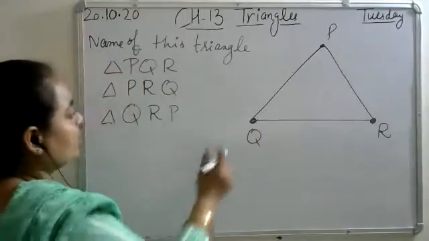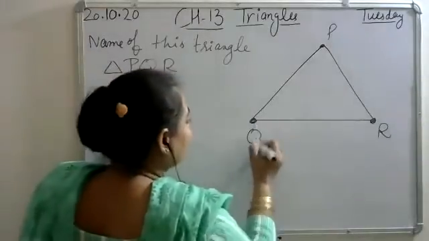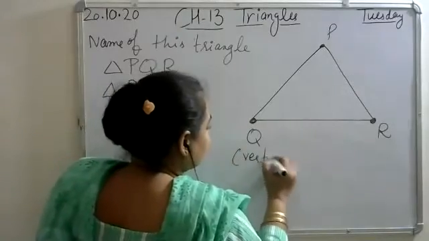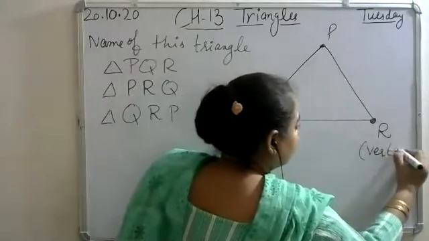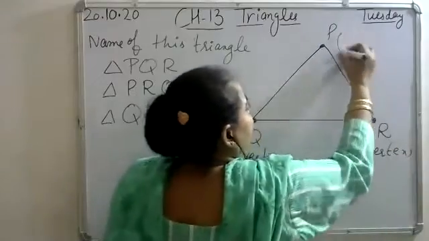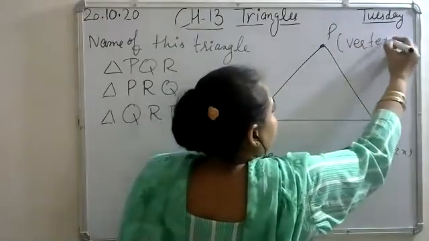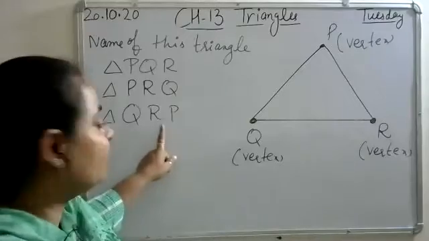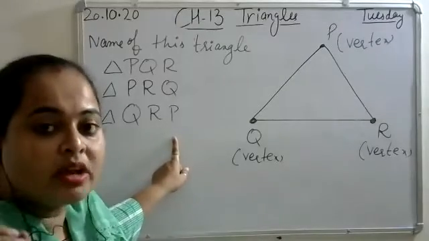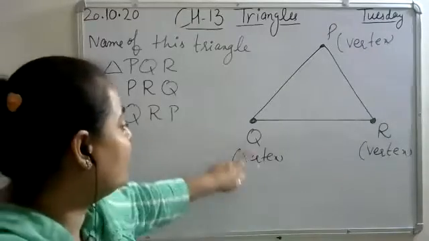So you can start from any vertex. These are termed vertices. Q is a vertex. R is a vertex. P is a vertex. Whenever you write the name of any triangle, you can start from any vertex.